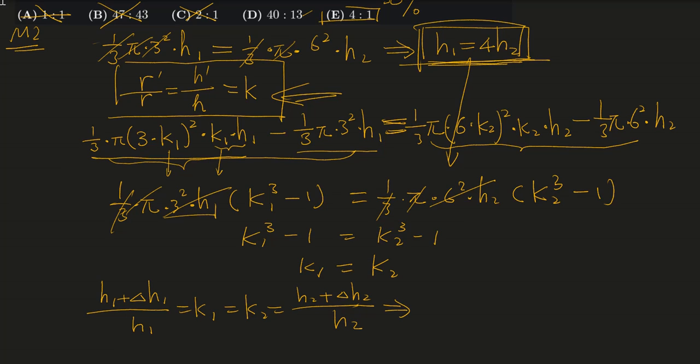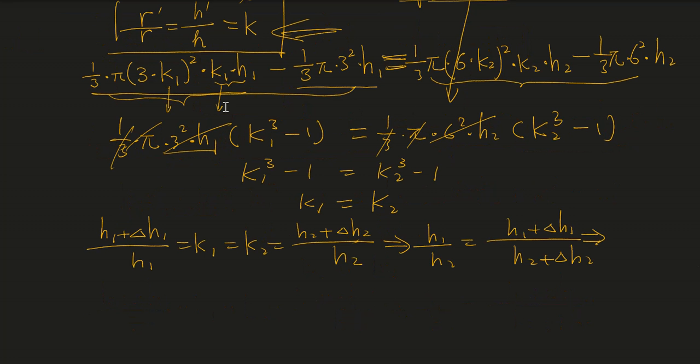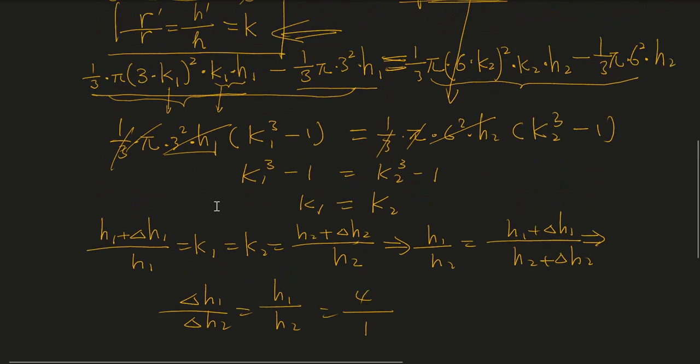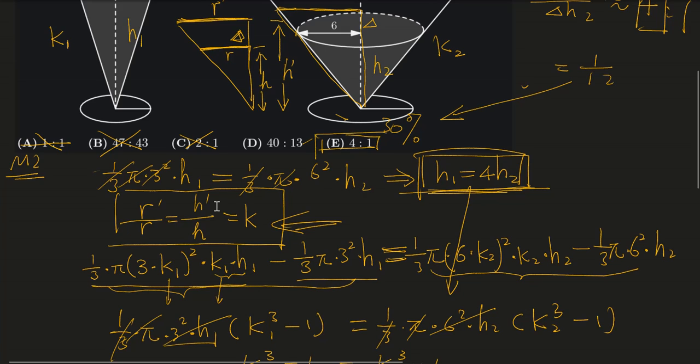So we can rewrite this as h1 over h2 equals h1 plus delta h1 over h2 plus delta h2. So they are the same. Therefore, by taking the difference of the numerators and the difference of the denominators, we have delta h1 to delta h2 equals h1 to h2, which is 4 to 1. Therefore, the answer is still E, which justifies our intuitive thinking, 4 to 1.